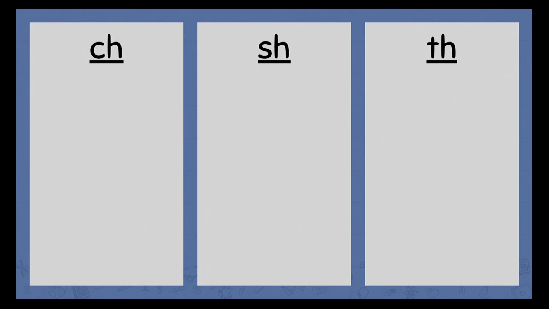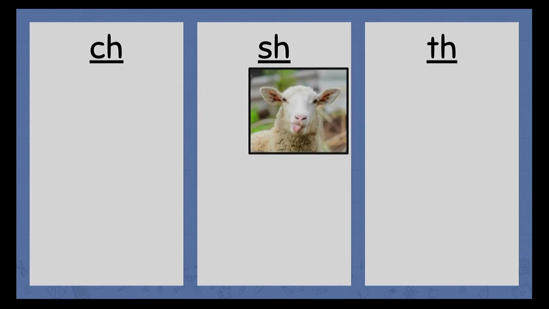Which digraph do you think is at the beginning of sheep? CH, ch, SH, sh, or TH? You're right. It's SH for sheep. Wonderful. All right, how about the next one?